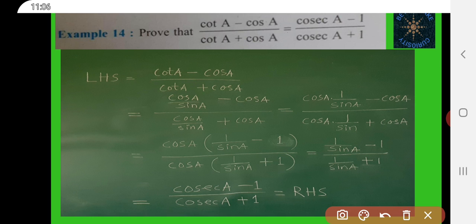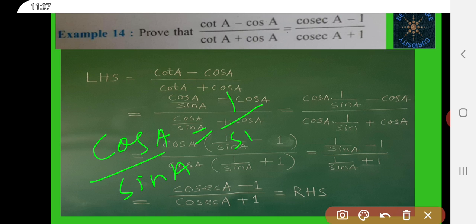see here cos A by sin A can be written like this: 1 by sin A into cos A you can write. Okay.